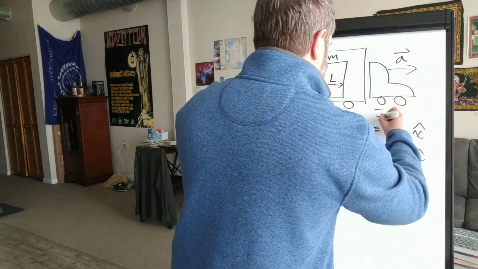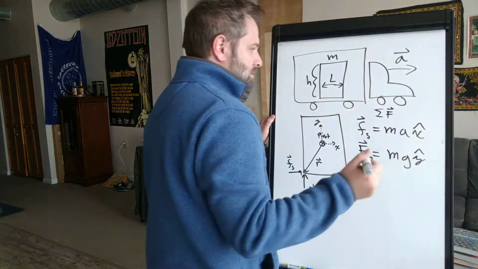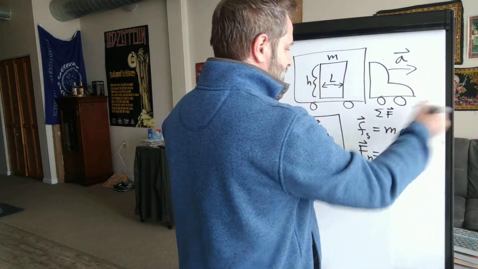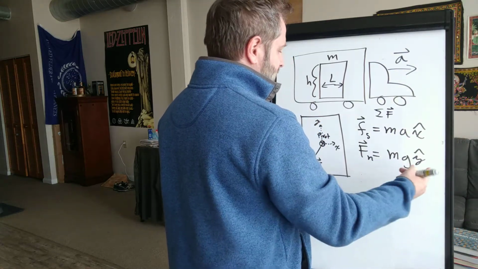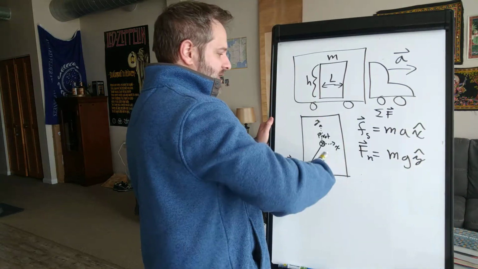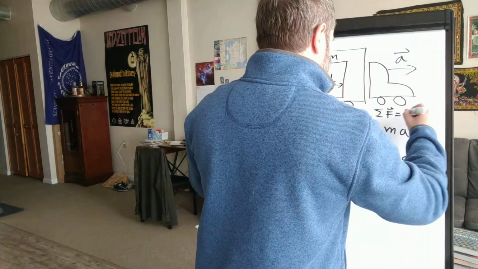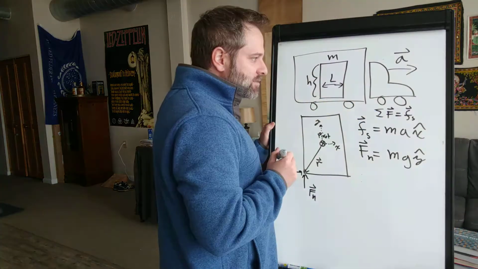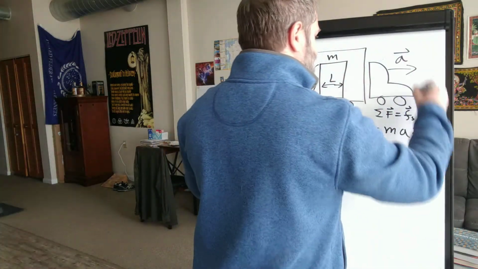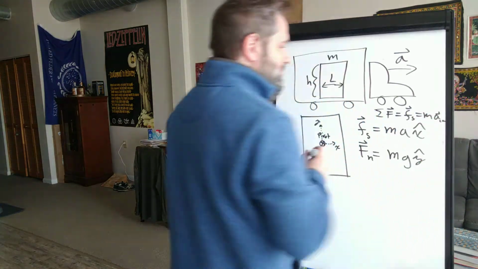If we add up all of the forces as vectors, that normal force is going to cancel out with the force of gravity. That's my forces in the y direction. But in the x direction, I'm just going to have this one static force, and that static force has to equal mass times acceleration of the center of mass.